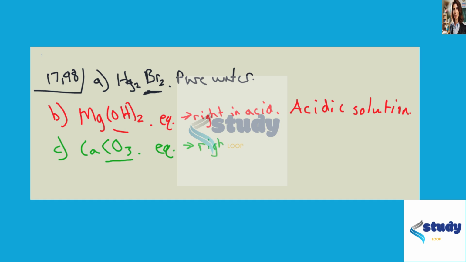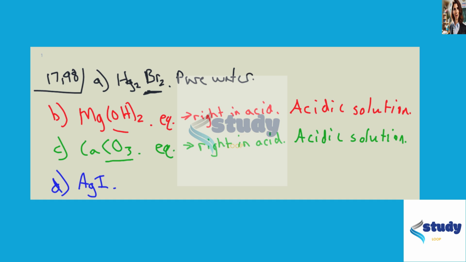So from the consumption of carbonate, we have a shifting of the equilibrium to the right in an acidic solution, so that would be more soluble than in pure water.